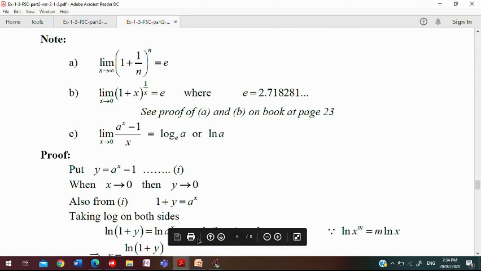This is the first theorem. Limit n approaches to infinity, 1 plus 1 by n is equal to e. Okay, we are going to solve it first.